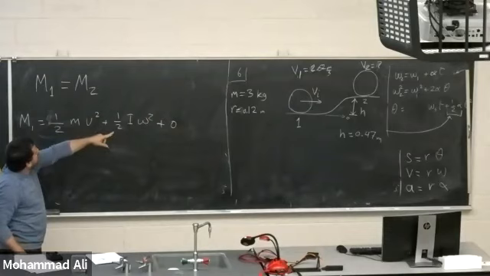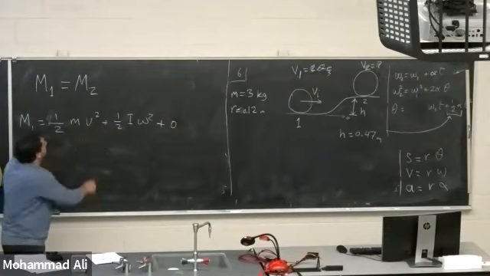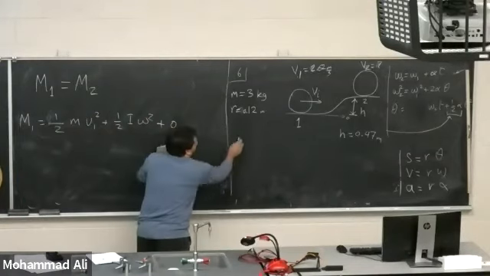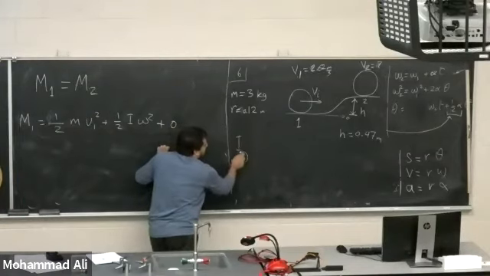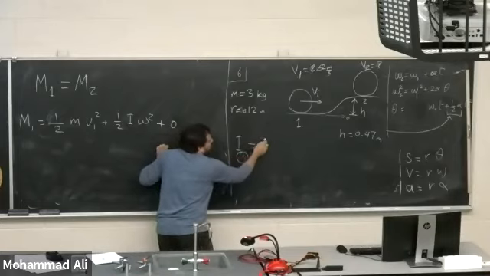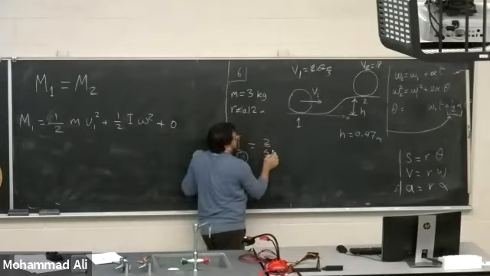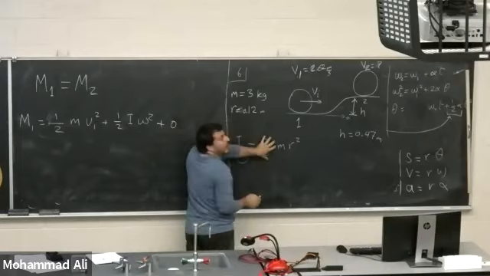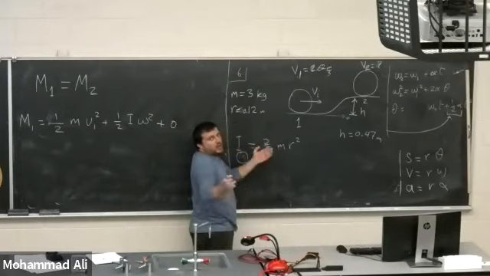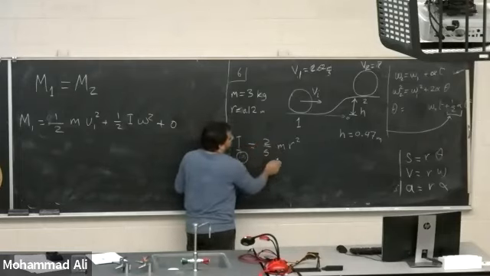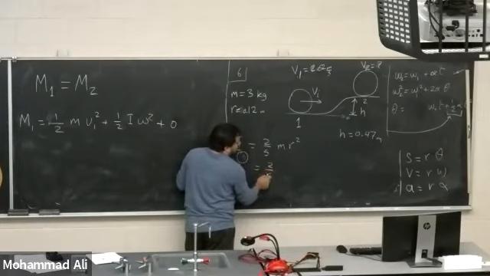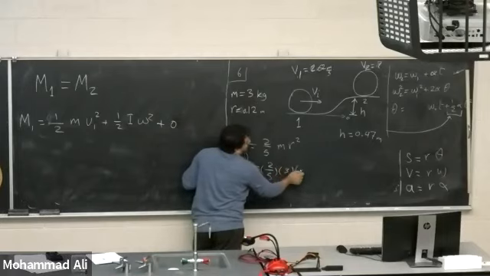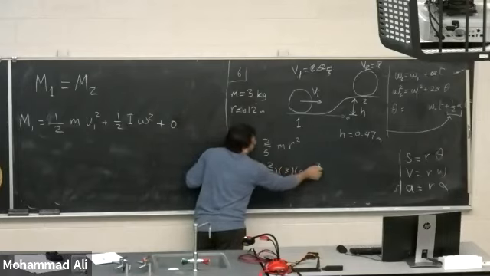We have the mass. We have the velocity initially, which is v1. I, we can compute I for a sphere. It is 2/5 from the table, the mass multiplied by radius squared. It is mr squared, but multiplied by one of these coefficients. So it will be equal to 2/5 multiplied by the mass, which is 3. The radius is 0.12 squared.